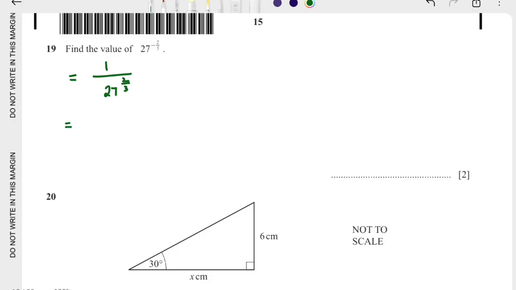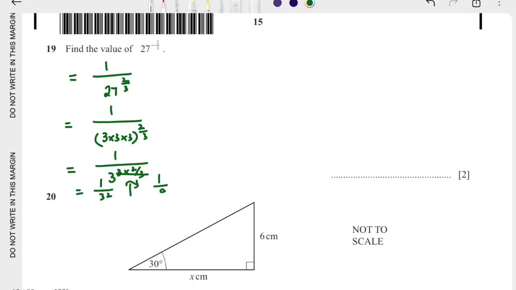Now 3 times 3 times 3 is 27, so it will be 1 by 3 raised to power 3 times 2 upon 3. 3 will cancel by 3, and 1 upon 3 square will be 1 by 9. This is our final answer.